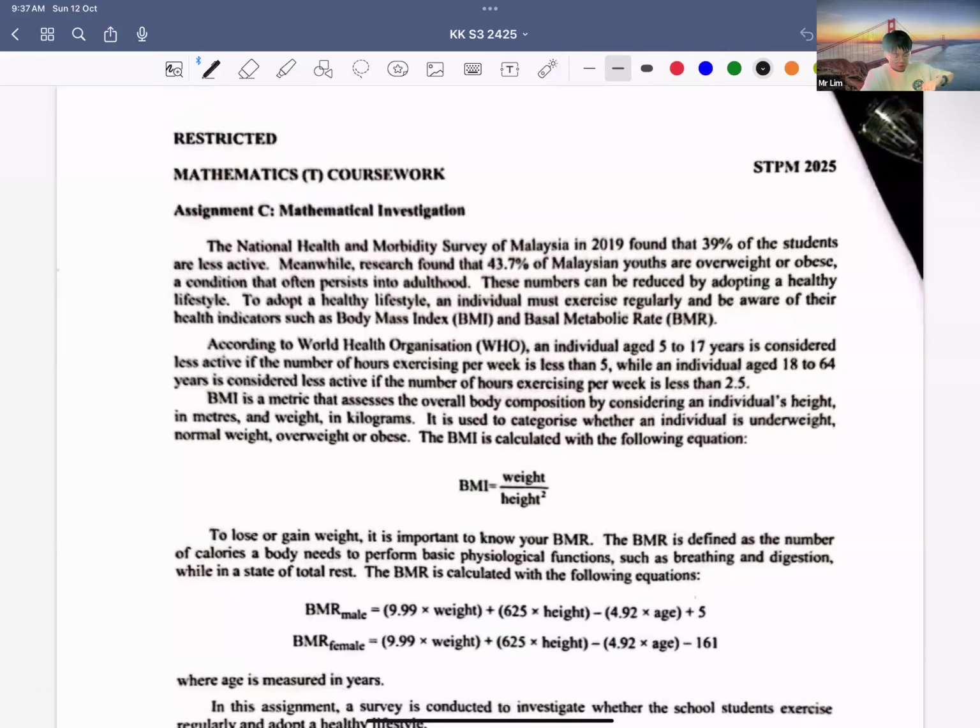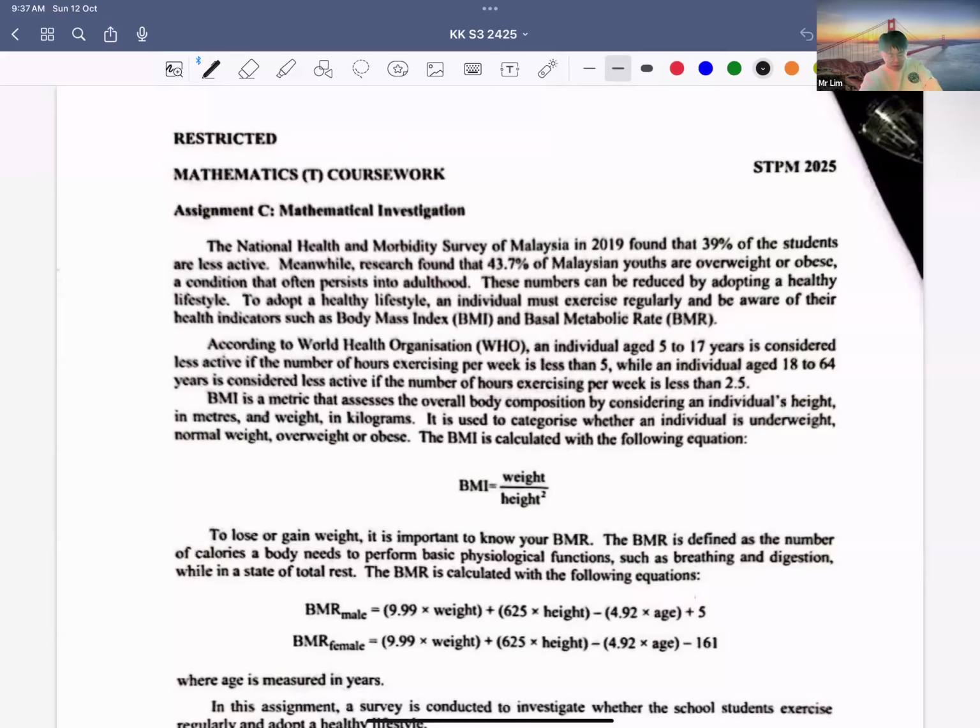Roughly speaking, this coursework is related to BMI and BMR, which will be calculated based on your height, weight, and also the number of hours that a person exercises in a week.